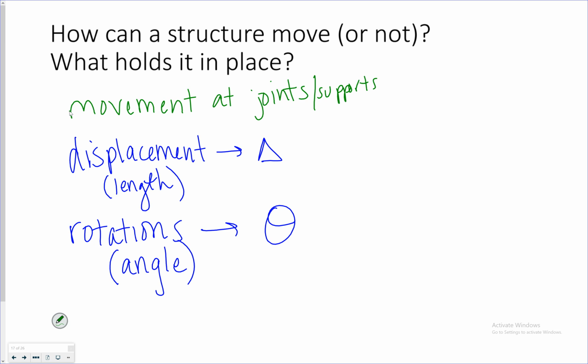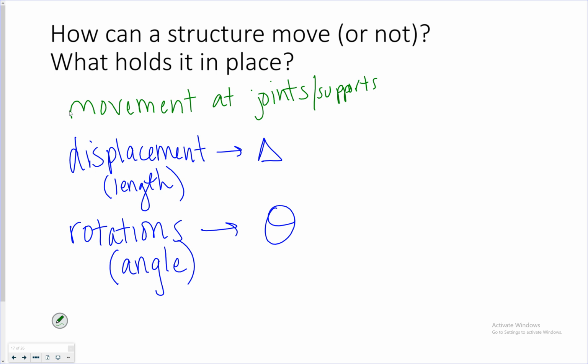We look at the movement at joints or supports. Does it displace, which is something you measure in length, like inches? Hopefully not feet. I hope your buildings aren't displacing by feet. Or rotations, an angle. Is my element rotating about a joint or a support?